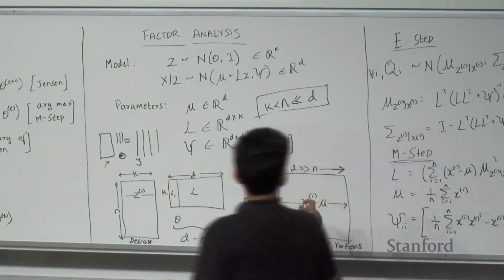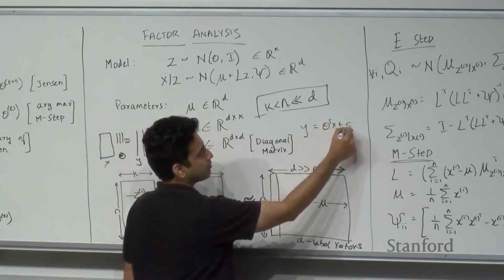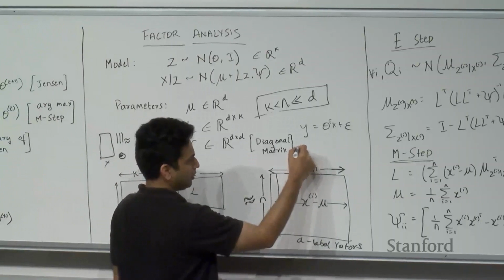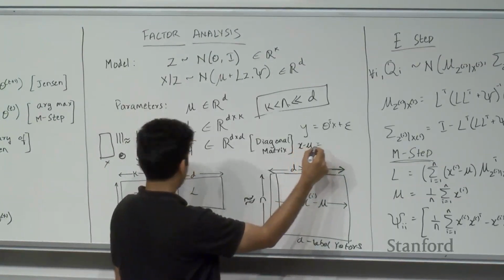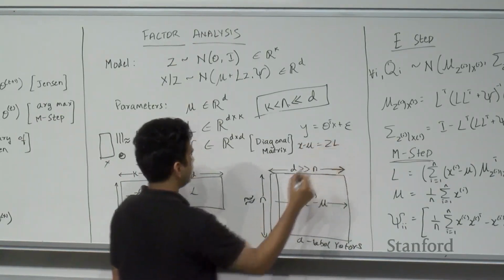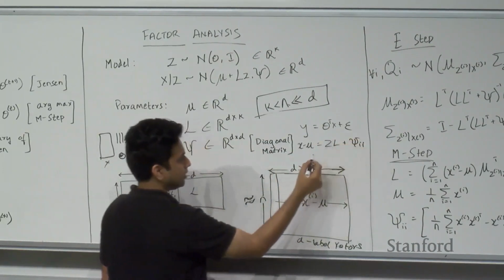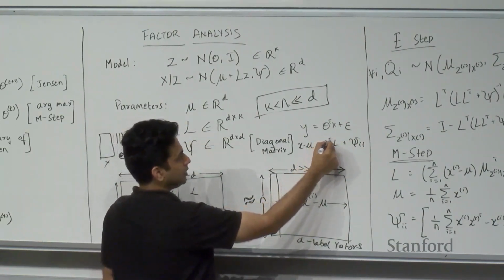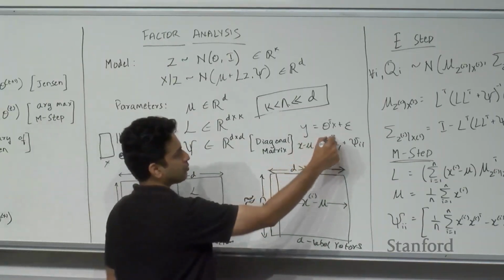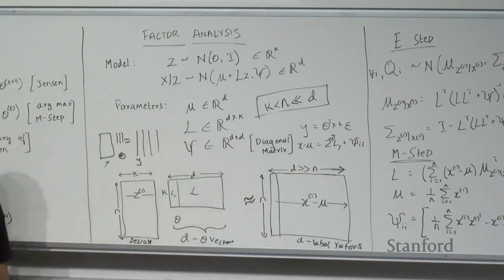In linear regression we assumed that y was equal to theta transpose x plus epsilon, where epsilon was independent noise, whereas over here we have x minus mu equal to zL plus psi I. You can think of this as zi, and this is the first row, so this is like zi transpose L1 plus psi I, where this is the diagonal matrix that we are adding, right?